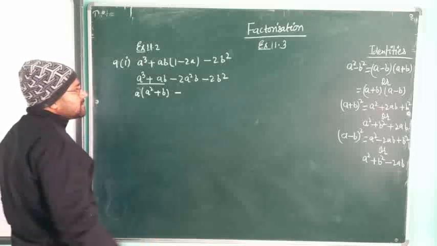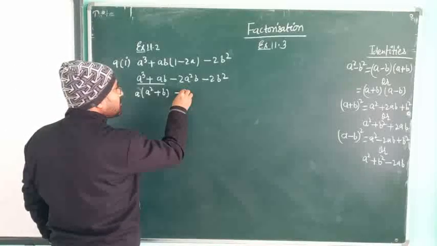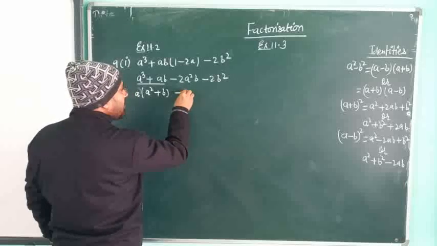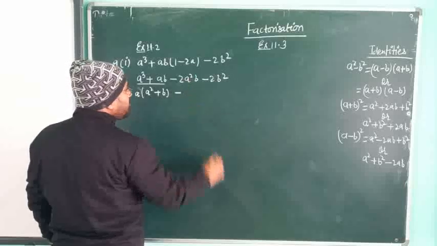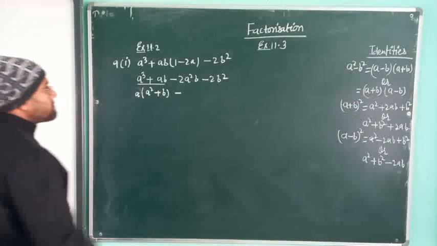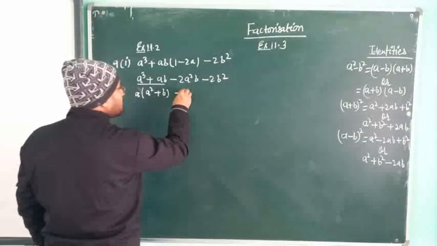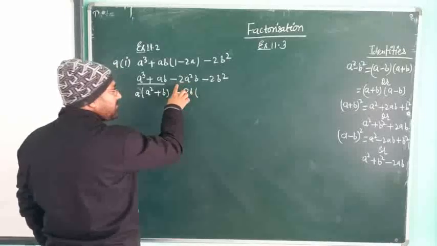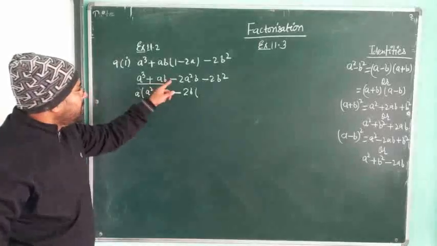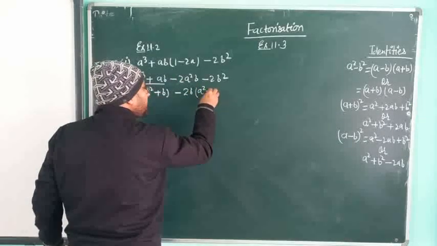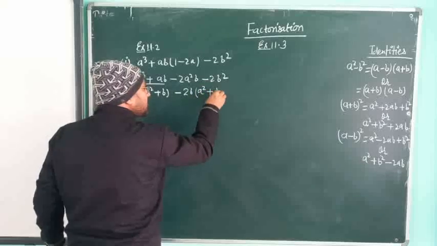And if I take minus 2b common from the other two terms, we have taken a minus as common, so minus changes into plus: a square plus b.